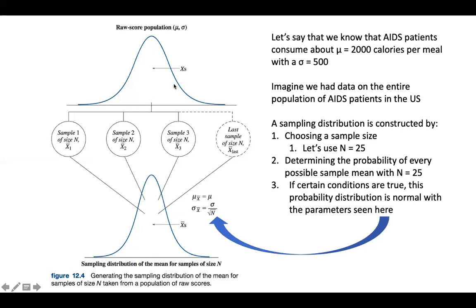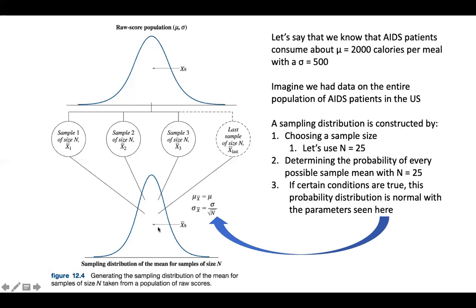Because if you're sampling a bunch of people and computing their means, and they're all drawn from a population with a mean value of 2,000, then the expected value for any sample mean should also be 2,000. So that's pretty easy. So in this chapter, the mean, or mu, for a population of scores is going to be the same as the mean of the distribution of sample means drawn from those populations. The only math we have to do is the following.